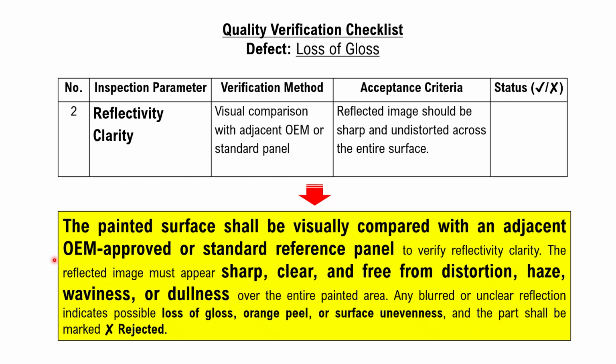The reflected image must appear sharp, clear, and free from distortion, haze, waviness, or dullness over the entire painted area. Any blurred or unclear reflection indicates possible loss of gloss, orange peel, or surface unevenness, and the part shall be marked as rejected. Of course, the acceptance criteria is that the reflected image should be sharp and undistorted across the entire surface.